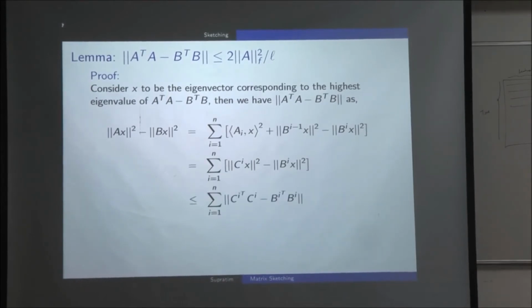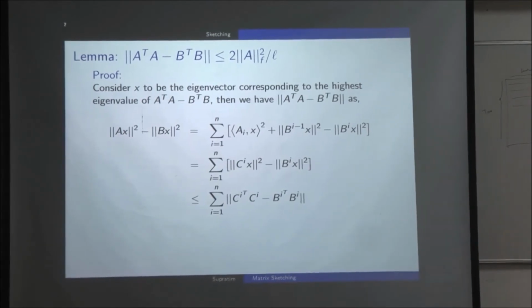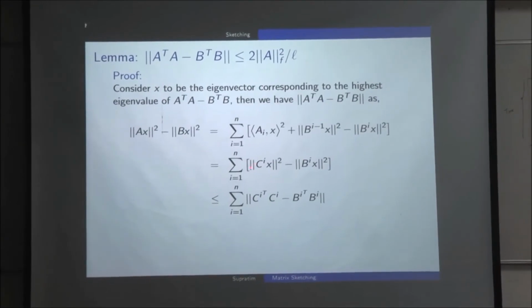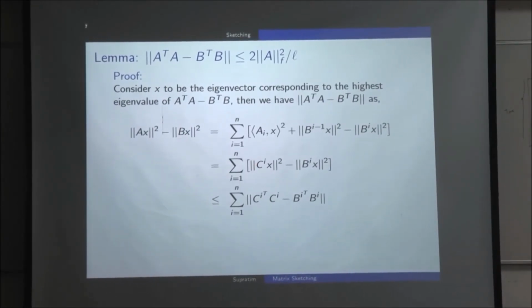Now C_i X minus B_i X will be less than or equal to C_i transpose C_i minus B_i transpose B_i. This is because X was the eigenvector of the highest eigenvalue corresponding to A transpose A minus B transpose B. It is not the supremum of what we are defining over here, so this value would be greater than or equal to our actual quantity.